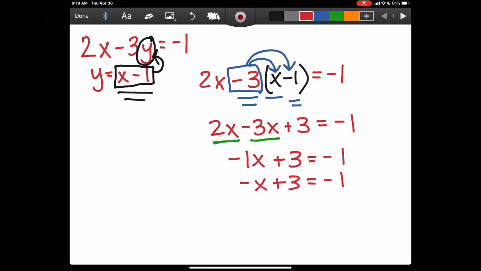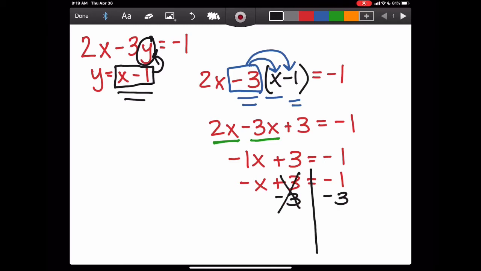Remember, I'm solving this equation for x, so I'm trying to move everything away from my x. If I do something to this side of the equal sign, I have to do the same thing to the other side. I need to move this positive 3. The opposite of positive is negative, so I can move it by subtracting 3 on both sides of the equal sign.